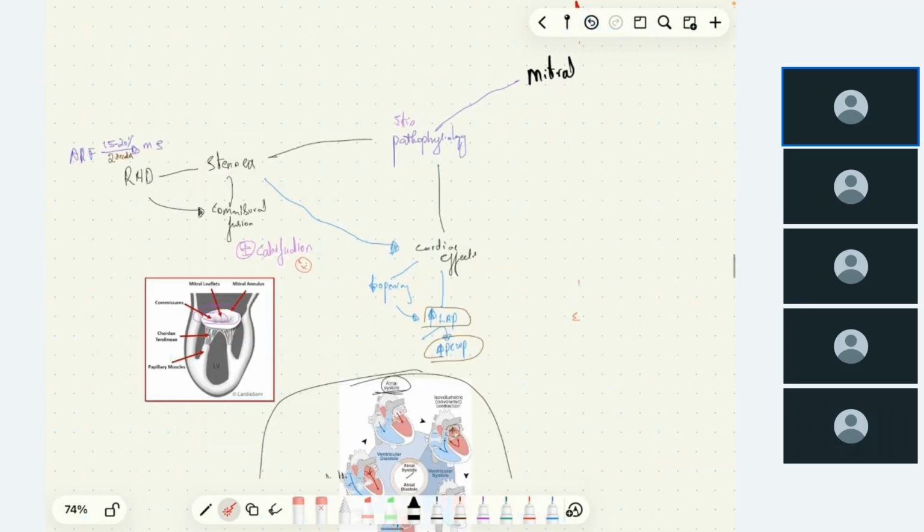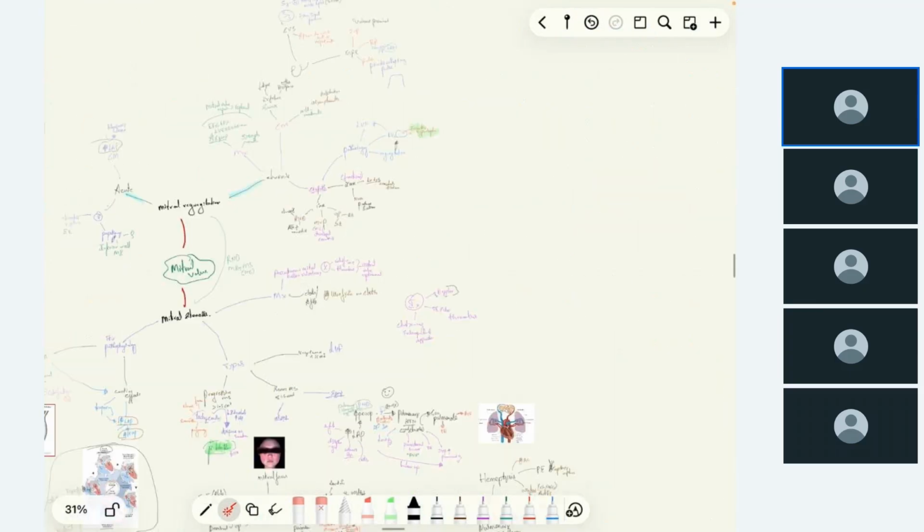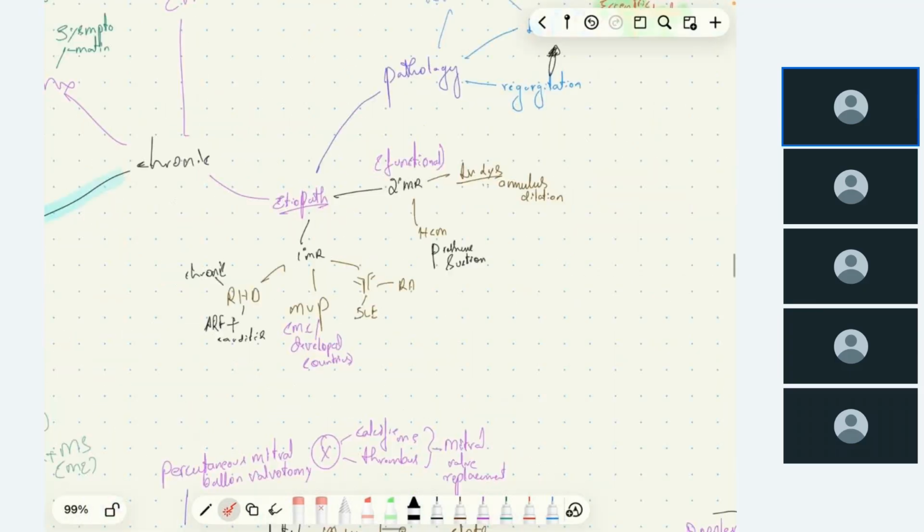We saw the causes of primary MR and secondary MR. Primary MR can be due to rheumatic heart disease, mitral valve prolapse, or due to autoimmune attack to the valve. And the secondary or functional causes of MR, this is mitral regurgitation. We have hypertrophic cardiomyopathy due to pressure suction.